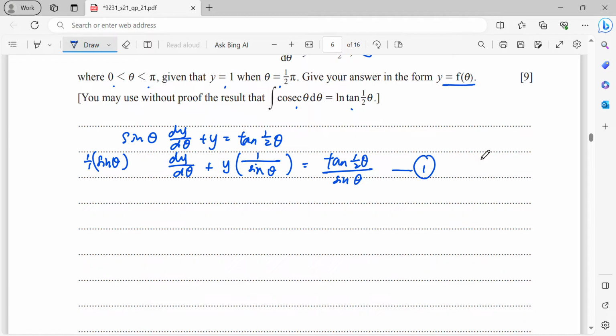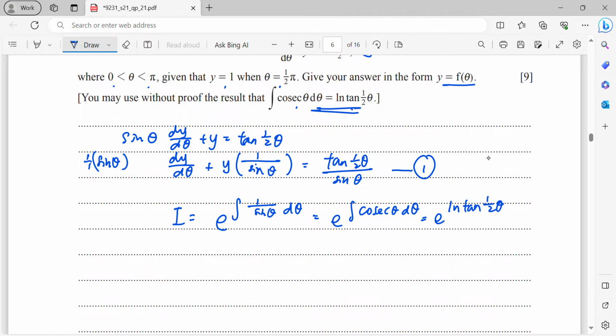Now my integrating factor will be exponential of the integral of 1 over sine theta. 1 over sine theta is cosec theta, that's why you are given this result. So it is e to the ln tangent half theta.